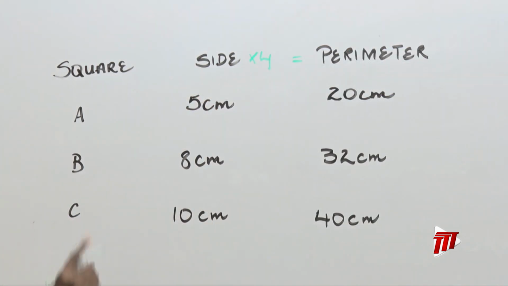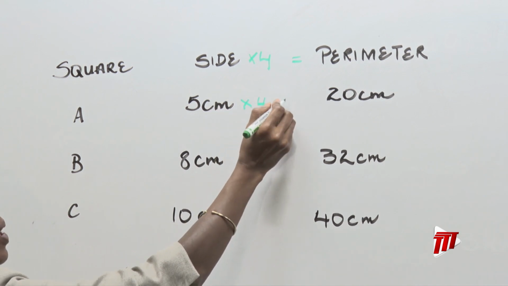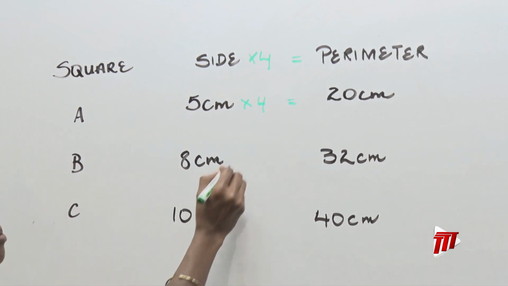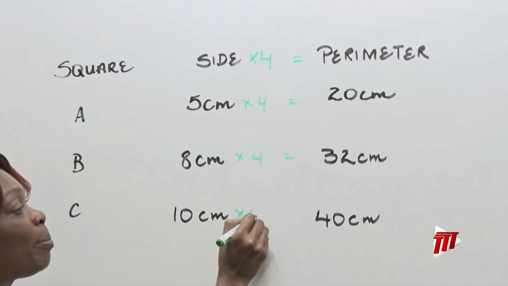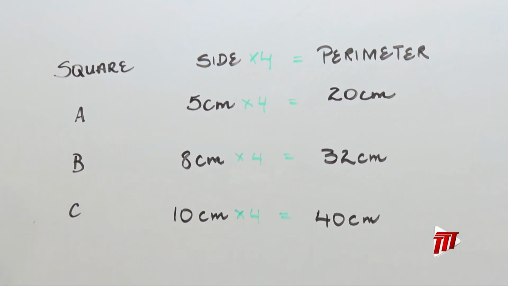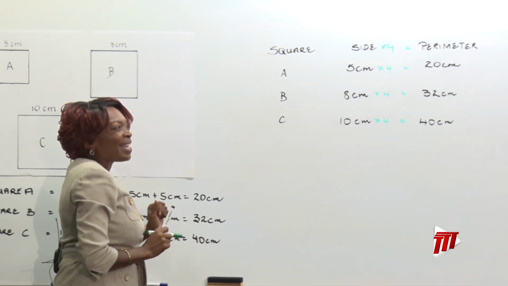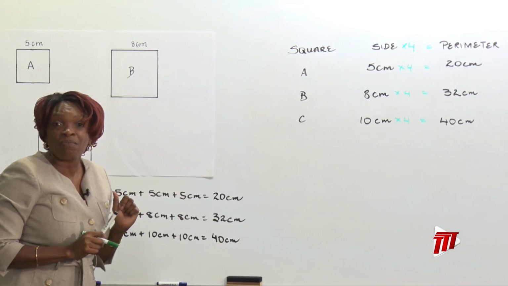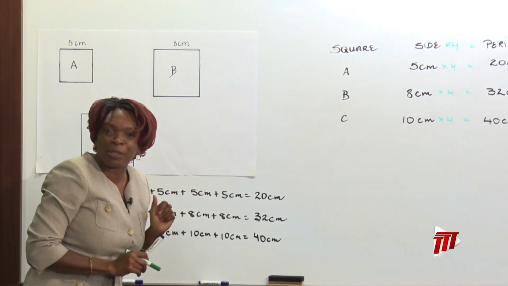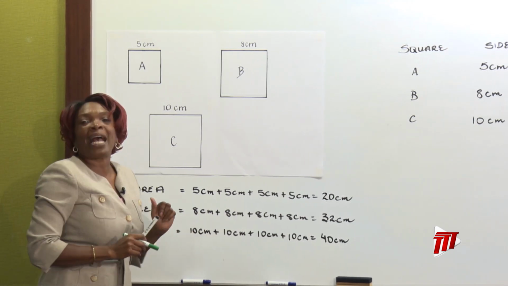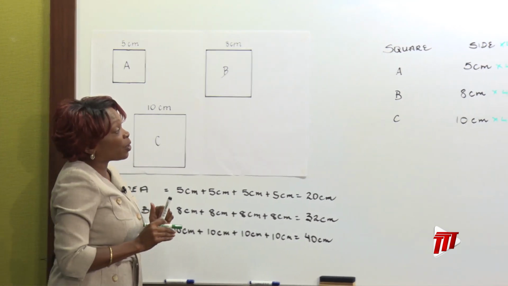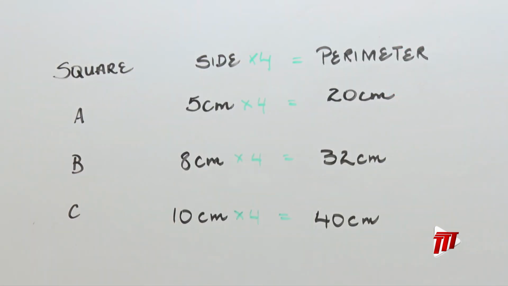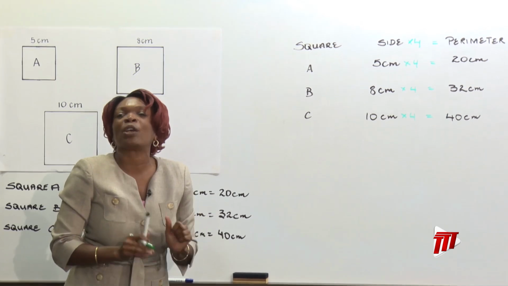Let's try it. 5 centimeters multiplied by 4 will give us what? 20 centimeters. 8 centimeters multiplied by 4 will give us what? 32 centimeters. 10 centimeters multiplied by 4 will give us what? 40 centimeters. So guess what? We are realizing that in order to find the perimeter of a square, we can use 2 methods. What was method 1? Where we added side, add side, add side, add side. And also we can say side multiplied by 4. Either one is correct. You are free to use either one because you will be correct.